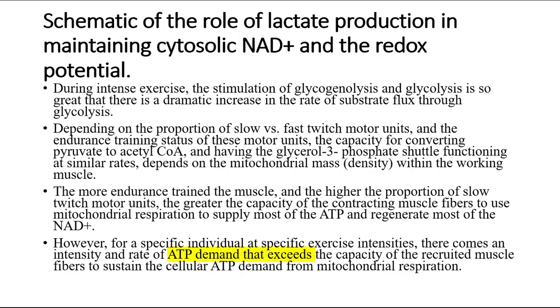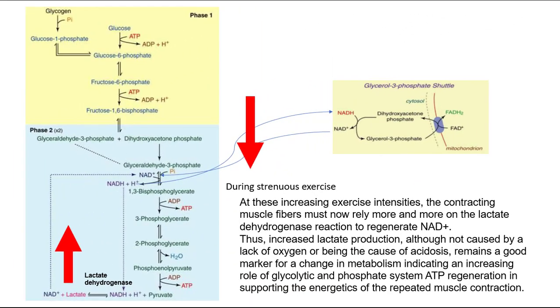However, for specific individuals at specific exercise intensities, there comes an intensity and rate of ATP demand that exceeds the capacity of the recruited muscle fibers to sustain the cellular ATP demand from mitochondrial respiration. At this increasing exercise intensity, the contracting muscle fibers must now rely more and more on the lactate dehydrogenase reaction to regenerate NAD+.